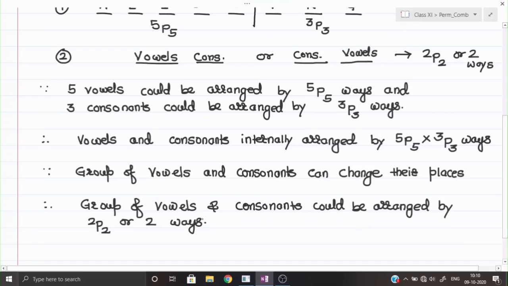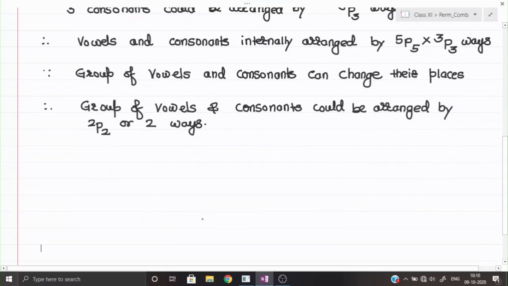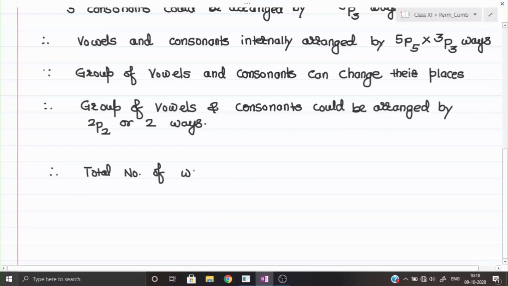Okay, so now mention therefore total number of ways. Now I hope it is clear why we are multiplying all.